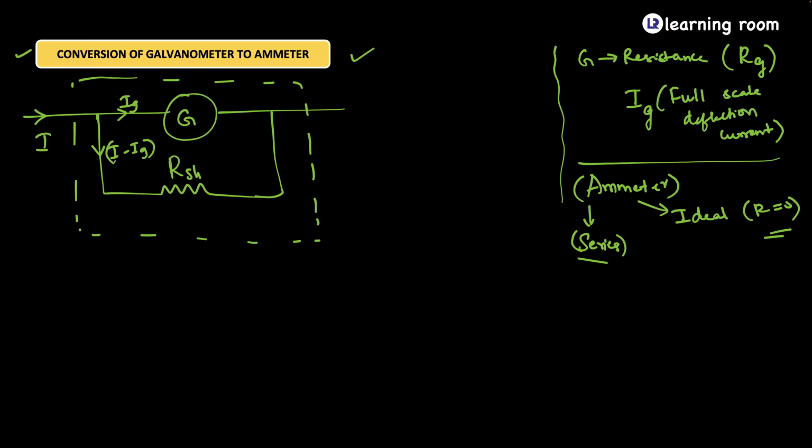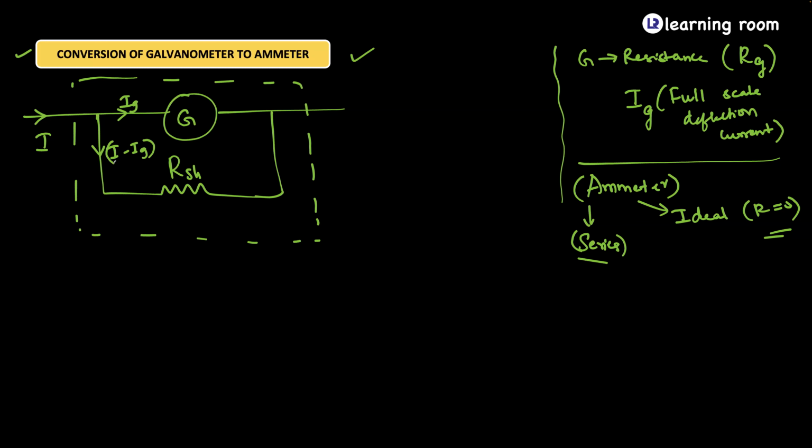Am I clear? So when I say I need to convert a galvanometer to an ammeter, listen to this question very carefully. I need to do two things. One is I take the galvanometer and connect the shunt resistance in parallel to it. And the second is I need to know what exactly should be the value of the shunt resistance.